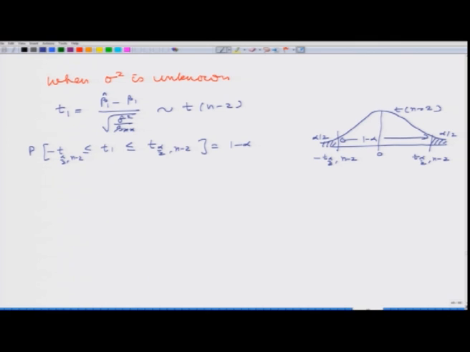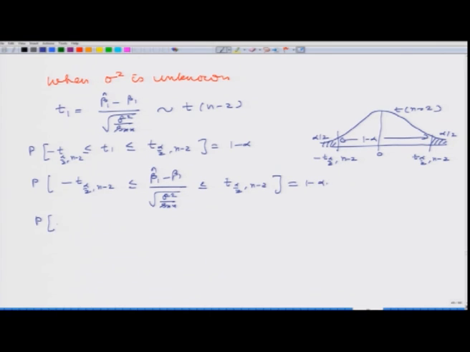Right. So, now let us further solve it, and we can write the probability that beta 1 hat minus beta 1 over the square root of sigma square hat over Sxx is less than t alpha by 2, n minus 2 equals 1 minus alpha.